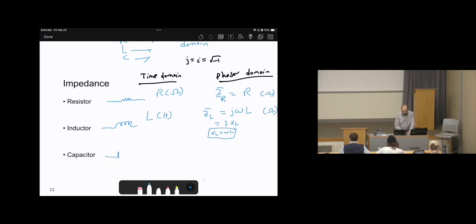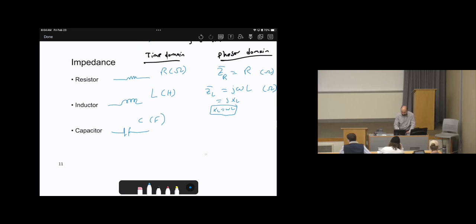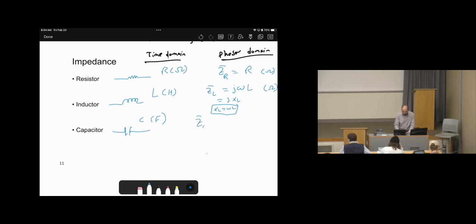Then, for the capacitor we know it is simply C, and the unit is farad. That was in time domain. In phasor domain, it will be impedance. So Z bar of the capacitor will be 1 over j omega C. And the unit is ohms. 1 over j omega C. And also you need to know that from the complex numbers property, 1 over j equals -j.